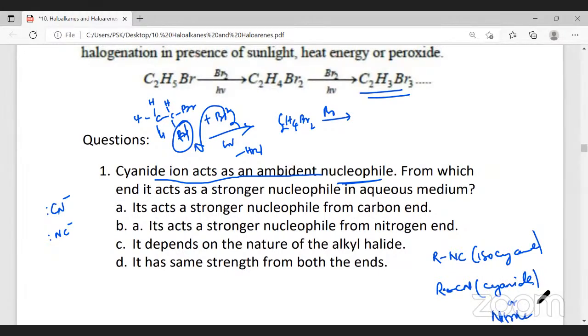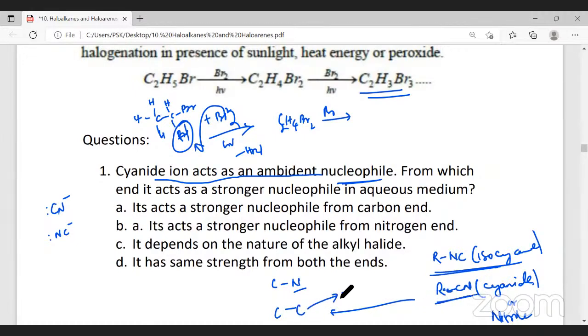They're asking from which end it acts as a stronger nucleophile. Remember, in isocyanides, the bond is between carbon and nitrogen. So R is the alkyl group, attached to nitrogen. Now in cyanides, RCN, the bonding is between carbon and carbon. Are you able to understand this?